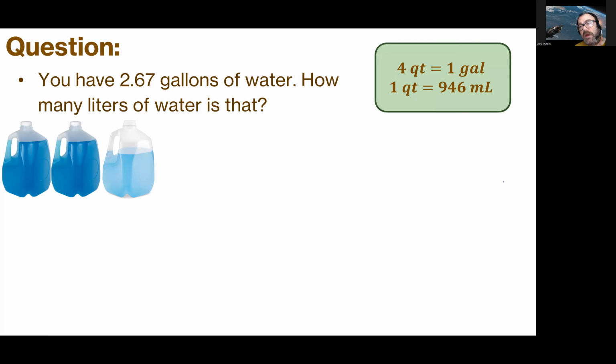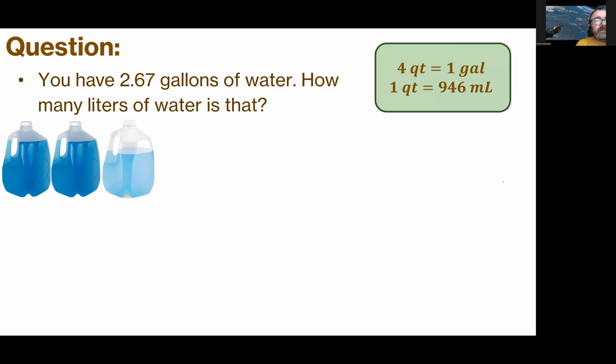I expect you to know how to convert between the metric prefixes. You'll be given these weird imperial unit conversions. So here we'll tell you that 4 quarts is equal to a gallon and that 1 quart is equal to 946 milliliters. So using this, we can figure out how many liters this amount of water is.